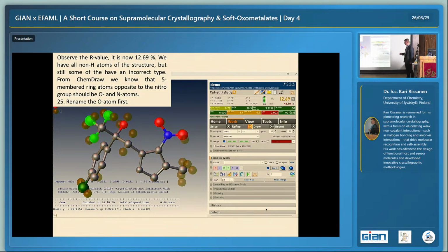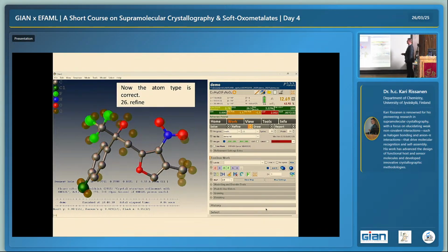So the diameter of this ball is smaller. But we know that from the ChemDraw, so we don't have to guess. So we know that this has to be the O atom. So we rename it. We just click here and name it as a carbon, or sorry, O atom. And again, repeat the same thing. Now the atom type is correct. And now we refine. We click here, refine.